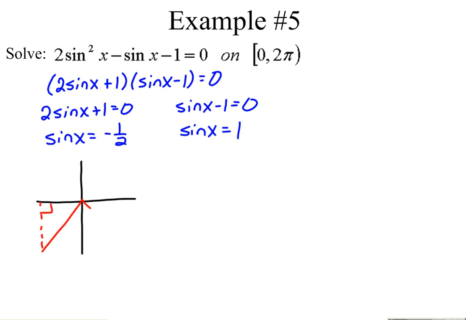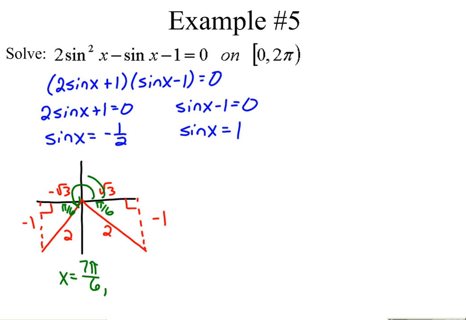Take each one individually, starting with the first factor. Sine x equals negative 1/2. Draw your reference triangles. Sine is negative. All students take calculus: quadrants 3 and 4. Opposite over hypotenuse. Recognize that reference triangle as a 30, 60, 90 reference triangle.